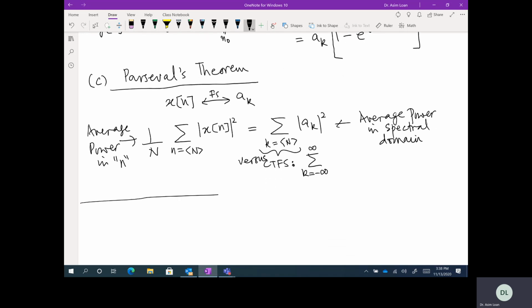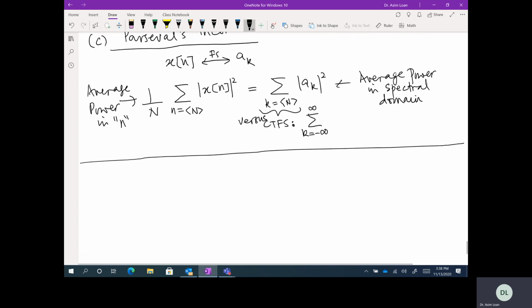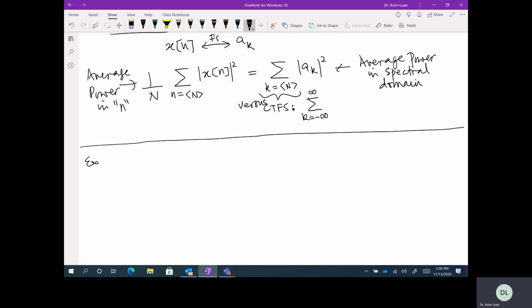Okay, so let's look at some examples. I think I have two or three examples. The first one is exactly the same as in the continuous time case: x[n] equals sin(omega_0 n).